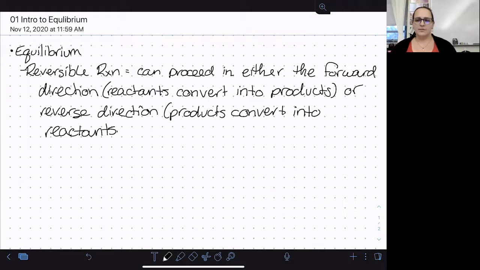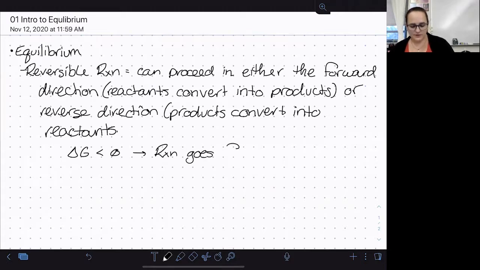But we've heard about this idea before when we discussed delta G. We said that when delta G is negative is when our reaction is thermodynamically favored or spontaneous, and that means that our reaction goes in the forward direction.